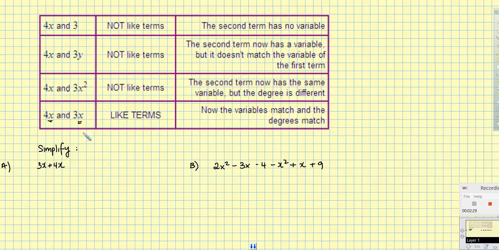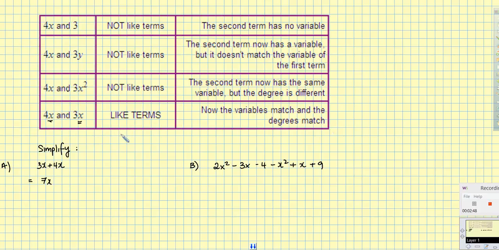So if we were to do 3x plus 4x very quickly, I would add together my coefficients, 3 plus 4, which gives us 7, and x just stays as x. We do not put it as x squared or 2x or anything. When I am adding like terms, I only add the coefficients in the front together, and the x's, y's, and z's, whatever they may be, will remain as they are.